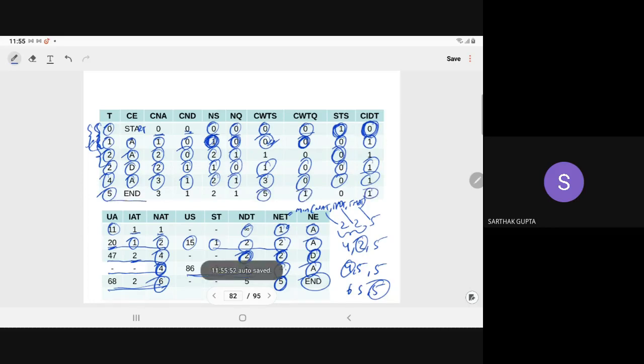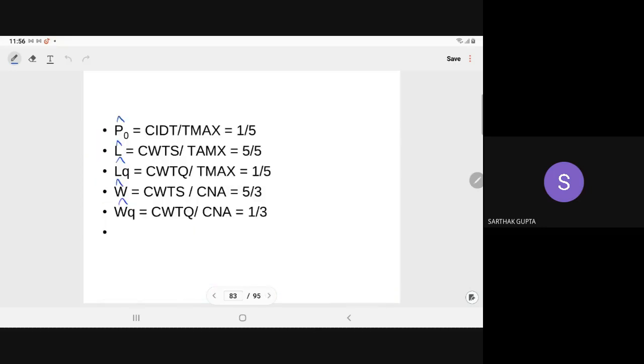At the end, you update only the CWTS, CWTQ and CIDT. So now this is the final CWTS, final CWTQ and final CIDT. Using this formula, you can estimate the following performance measures. So that's all for today.